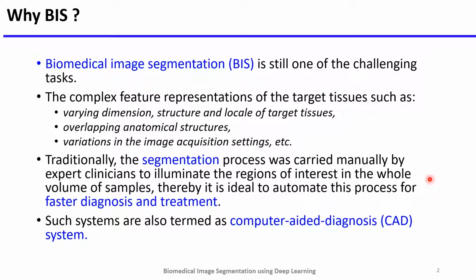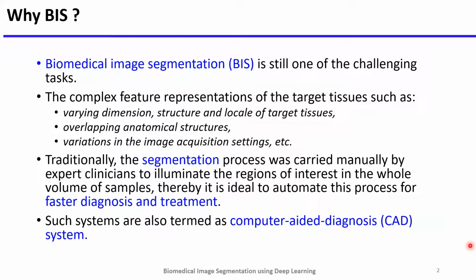Like, if we talk about MRI scans or ultrasound scans, they are more complex compared to X-ray images. At the same time, we must also deal with variations in the image acquisition settings. Take the example of MRI scanning: while taking the MRI scans, the settings are important. At the same time, the directions, location, and a lot of things are involved in taking the images of a particular part of the body.